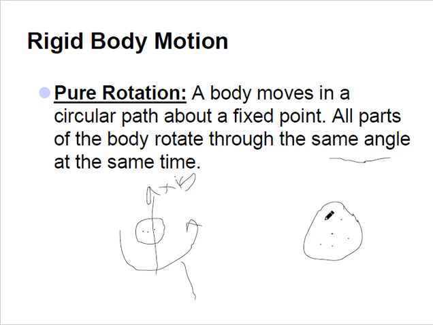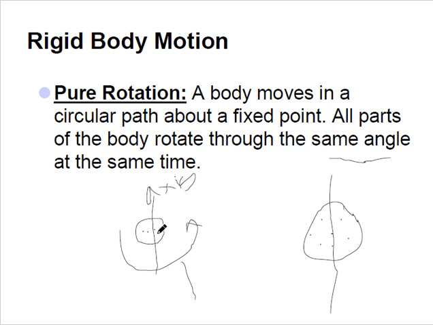It's a little bit difficult to draw, but let's take the angle as the same for now. All the points on that body rotate through the same angle at the same time.